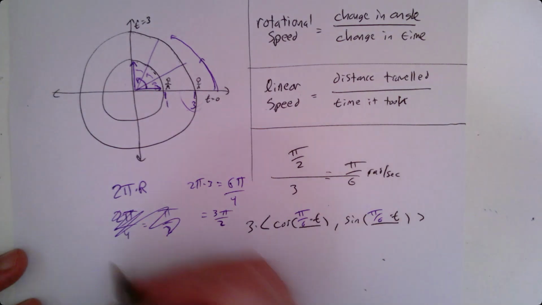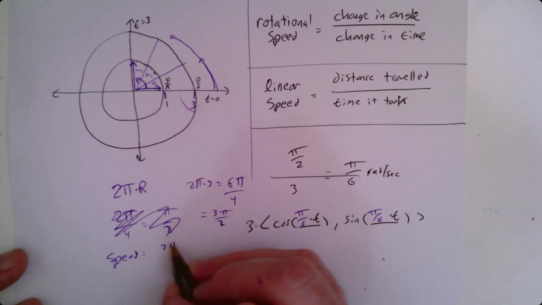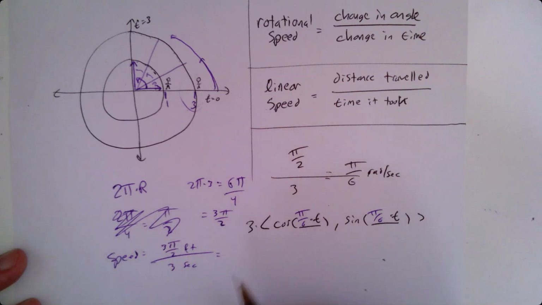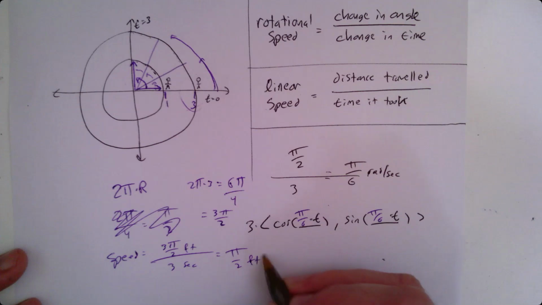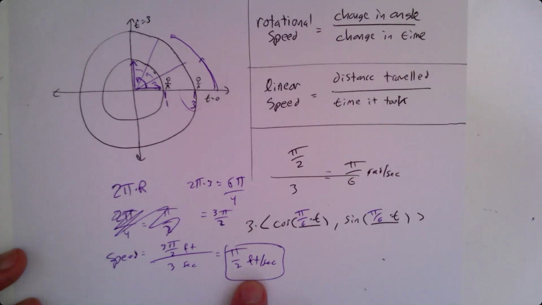So here my linear speed, which I'll just call speed, if I walk 3 pi over 2 feet in 3 seconds, let's see, the 3 divides the 3, and that gives me pi over 2 feet per second. And that's different than the rotational rate, which is still pi over 6 radians per second.